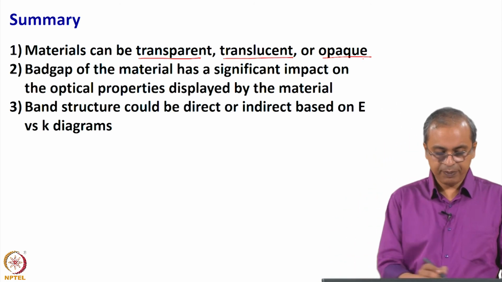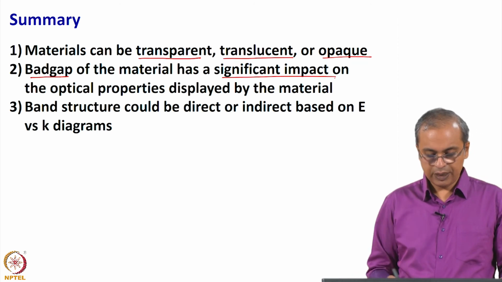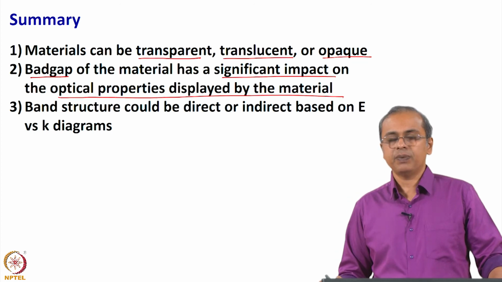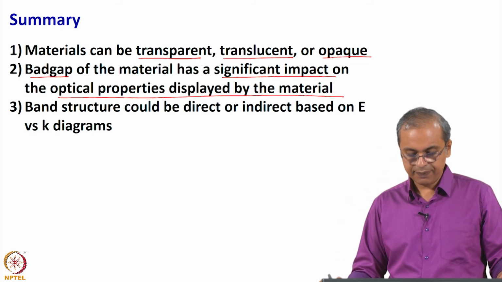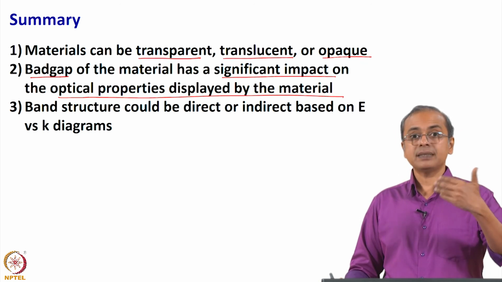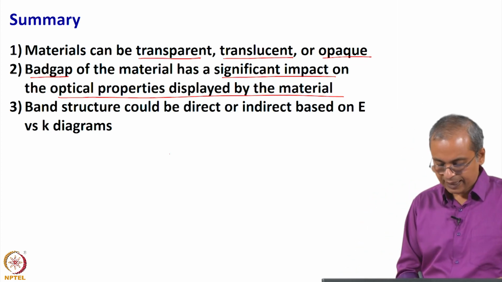The band gap of the material has a very significant impact on the optical properties displayed by the material. But that is not the whole story. As I said, the band gap plus the defect structure. So, you have to add band gap plus defect structure.